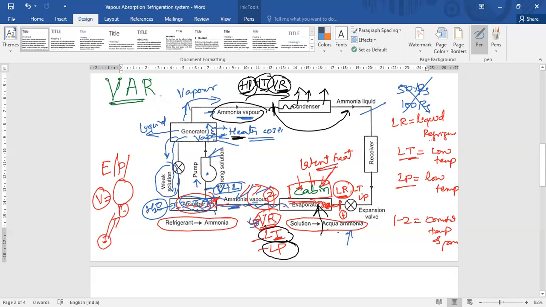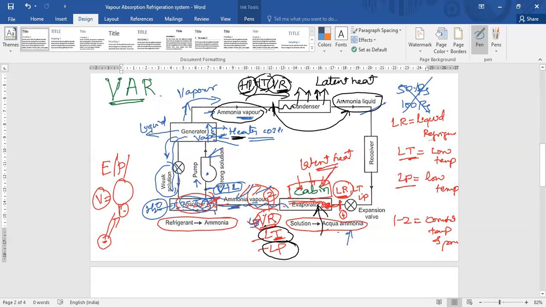So when any vapor comes back to liquid, obviously you have to reject heat. The type of heat rejected in the condenser is latent heat. When any substance absorbs or rejects latent heat, there must be a change of phase. So here the vapor refrigerant is now converted to liquid refrigerant, liquid ammonia. The refrigerant used inside the cycle is ammonia, so that is the reason it is ammonia liquid.